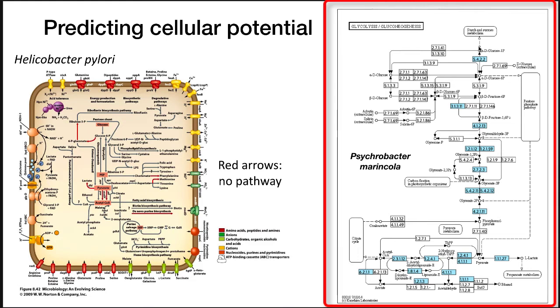And what I'm showing you here is the glycolytic pathway. If you have a blue box, that means there was an open reading frame in Psychrobacter that matched one of these enzymes. So it looks like if you follow this, it has the whole glycolytic pathway all the way to pyruvate.